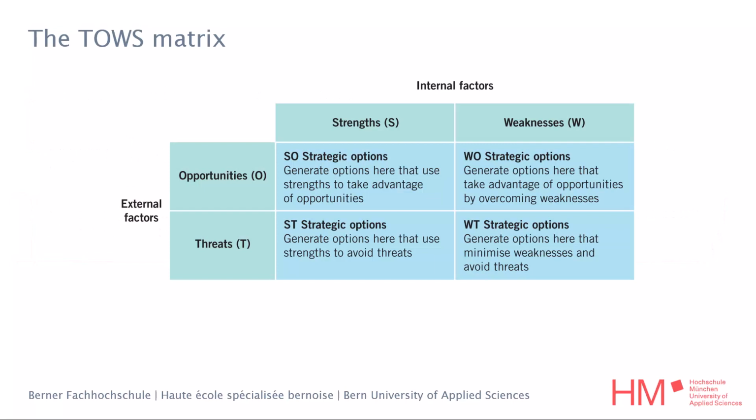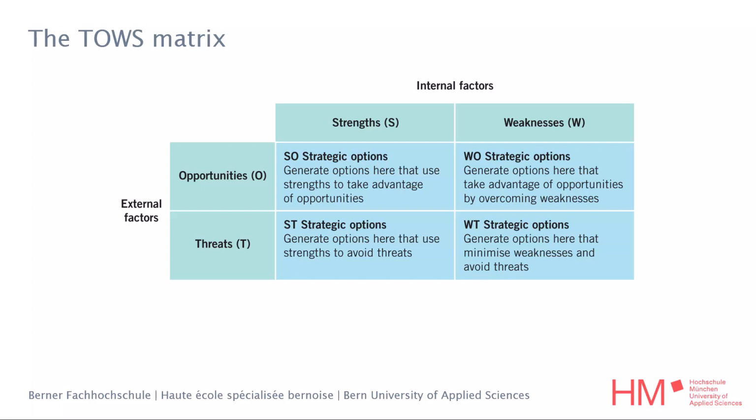And here we have then the TOWS matrix presented as a 2x2. You see we have the strengths and the weaknesses, the internal perspective, across the top of the 2x2. We have the external factors, the opportunities and the threats, on the other side of the matrix.